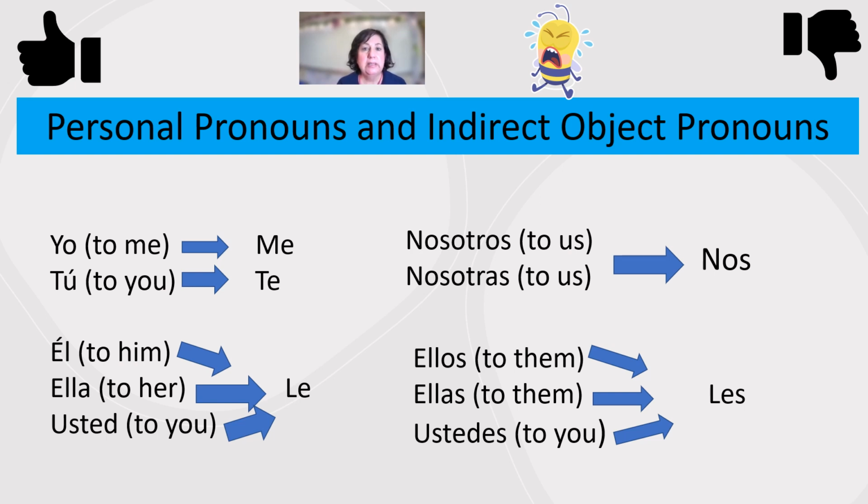So when we are translating from Spanish to English, what it really means is what is pleasing to me. So keep that in mind when you see this chart. When something is pleasing to me, I'm going to use the word me. When something is pleasing to you, you're going to use the word te.